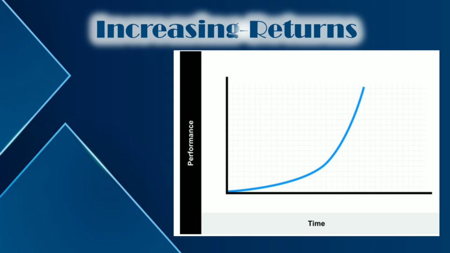The next model is called the increasing returns learning curve, which is just the opposite of the diminishing returns learning curve in the sense that there are certain learning skills where the rate of increased learning is low in the beginning and then it increases until the maximum potential for learning is reached. This usually occurs when a person is learning a complex or unfamiliar and new task.